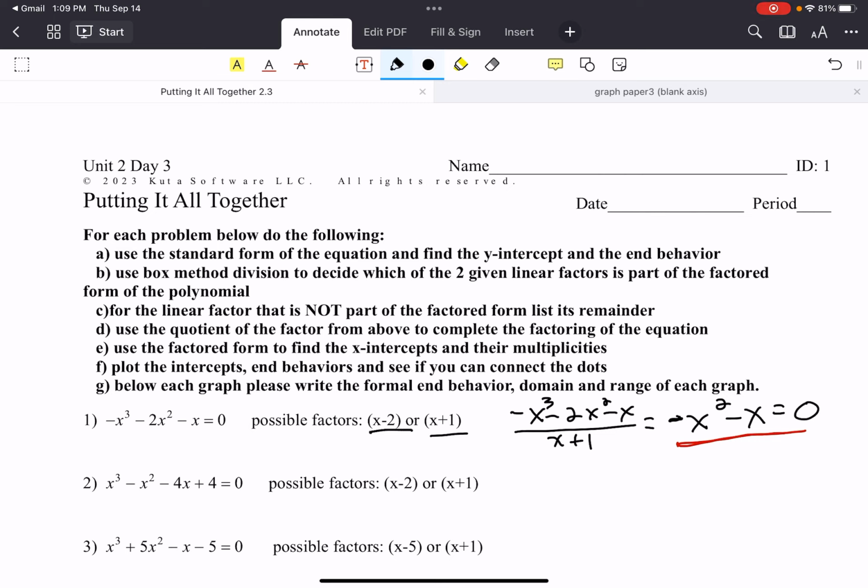Divide by 6? Am I hearing that? Remove the negative what? Not solve it, factor it. What do you always do first when you factor?